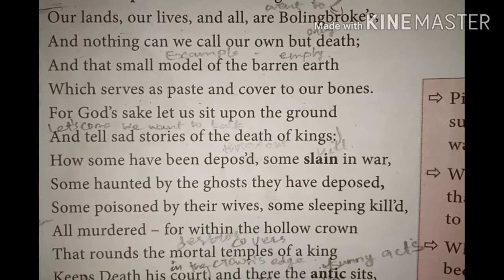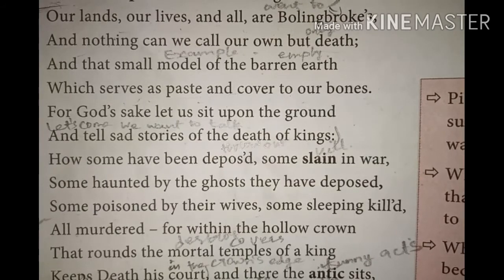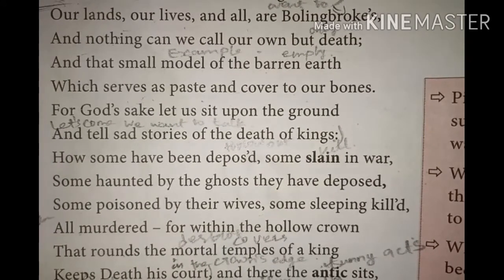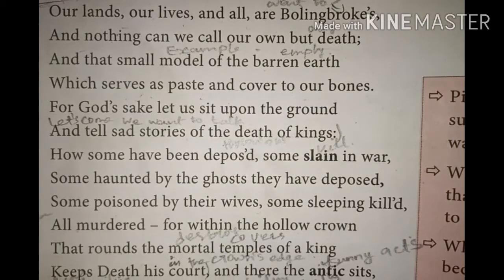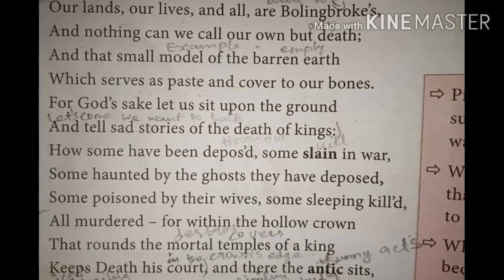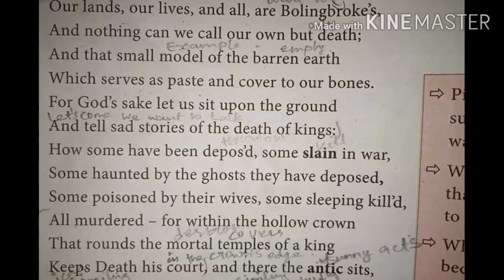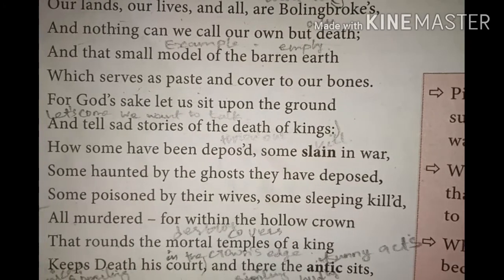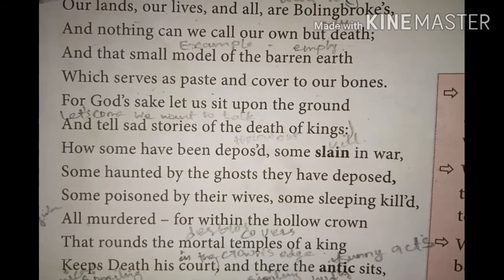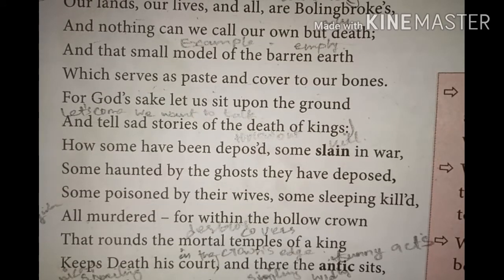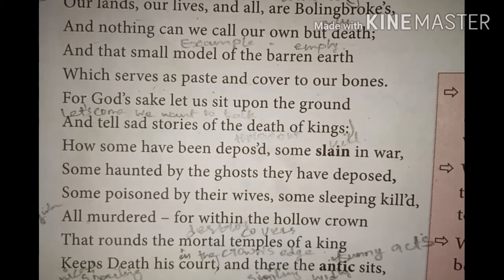Bolingbroke also wished to become king and get the crown. So every person wants the hollow crown, but the hollow crown is nothing. Hollow means empty. In that crown there is nothing solid, strong or powerful. They only wish to get the crown.